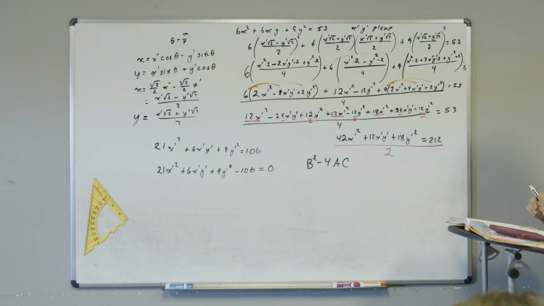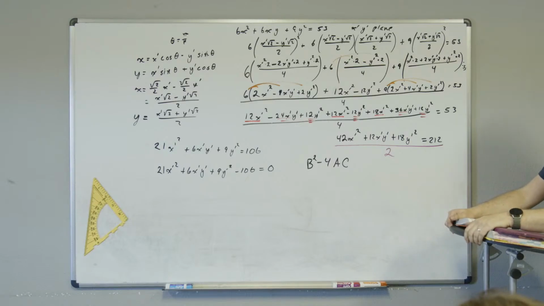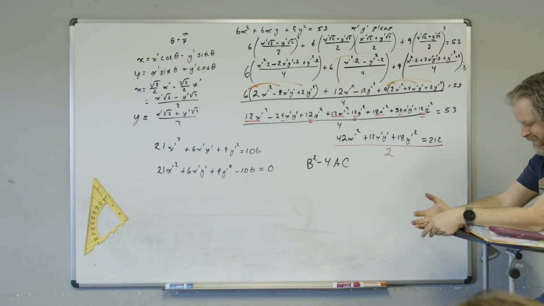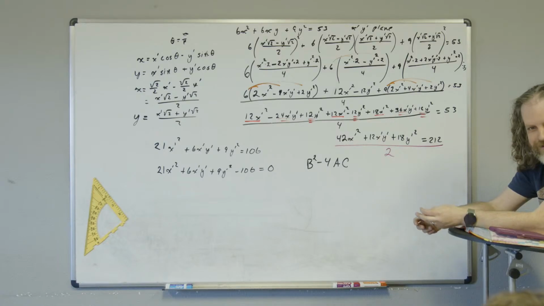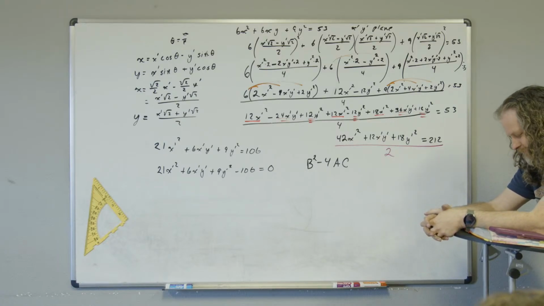It shouldn't be astonishing that it reminds you of that. What is A, B, and C? The prime squared stuff. 21, 6, and 9. What would it be? 21, 9, and 106. Oh, what would it be? Oh wait, yeah. It's horrible.